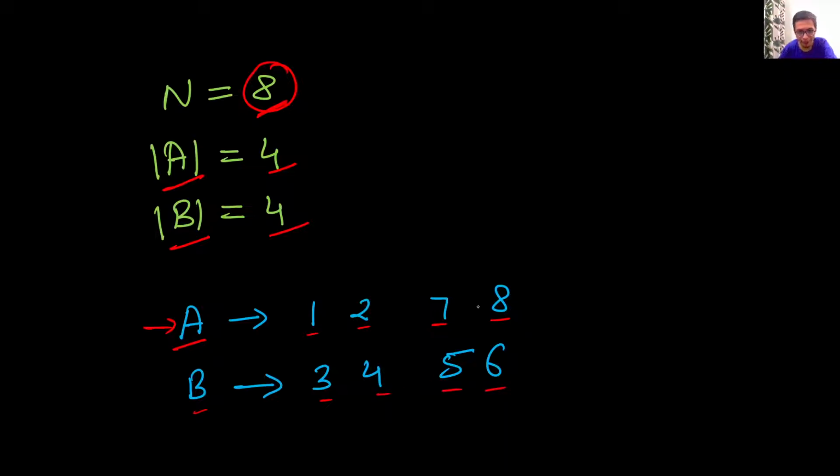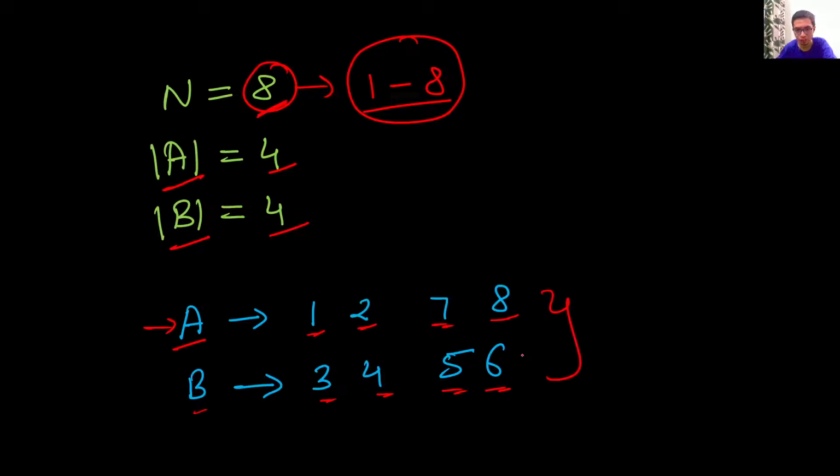If we combine the elements of these two arrays, then we should have all the numbers from 1 to 8, which is n, exactly once. So we have 1, 2, 3, 4, 5, 6, 7, 8. So we have all the numbers from 1 to 8 if we combine the elements of these two arrays. This is the first condition, that the sizes of these two arrays should be equal and should be half of n.